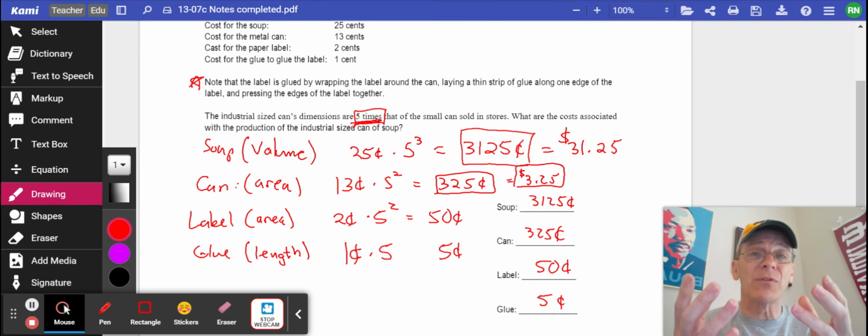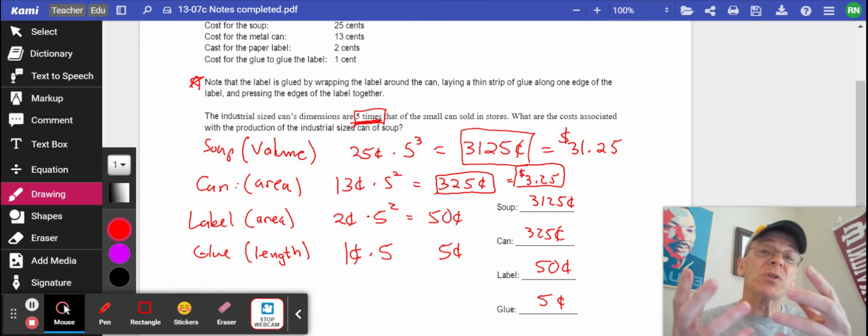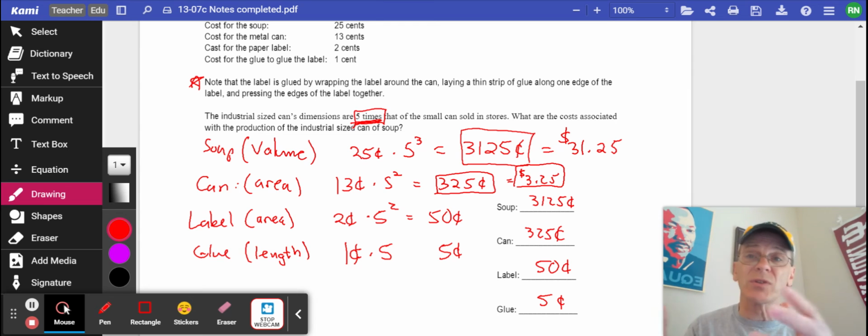Time in and of itself is not a length type of thing or an area type of thing or a volume type of thing. But the time associated with certain events or actions or phenomena may be related to the length of something, or might be related to the area of something, or might be related to the volume of something.